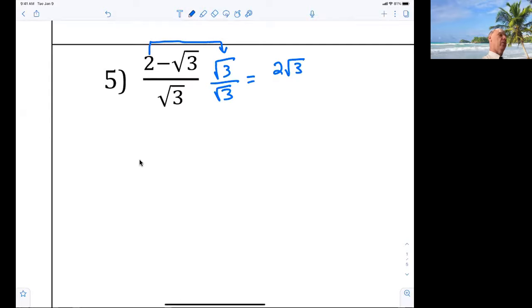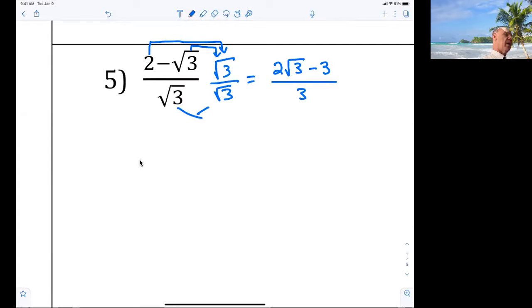Thank you. Now I need to multiply radical 3 by radical 3, which is what? 3. So that's 2 radical 3 minus 3 over, and now radical 3 times radical 3 is just what? 3. All right, that's all there is to it.